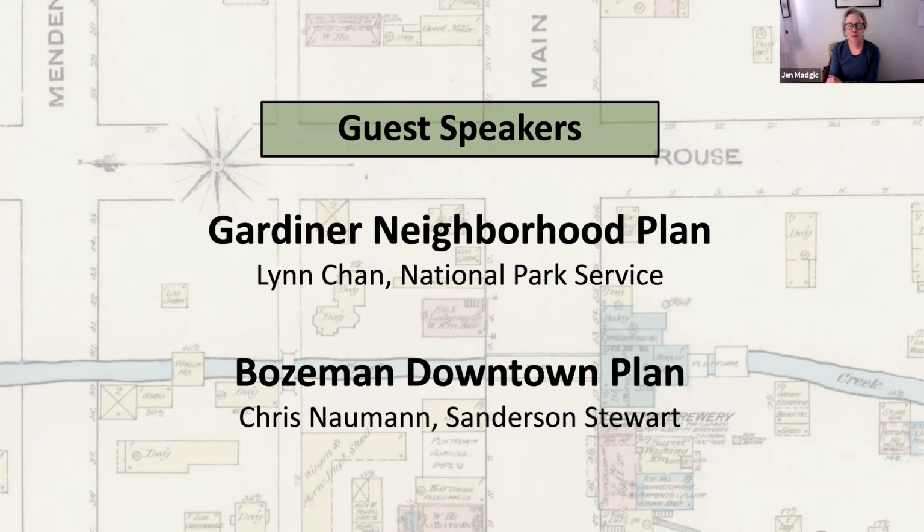So once again, two guest speakers, and this is an informal kind of discussion with these two great individuals. Lynn Chan, I've known her for a number of years. She works for the National Park Service as a landscape architect.